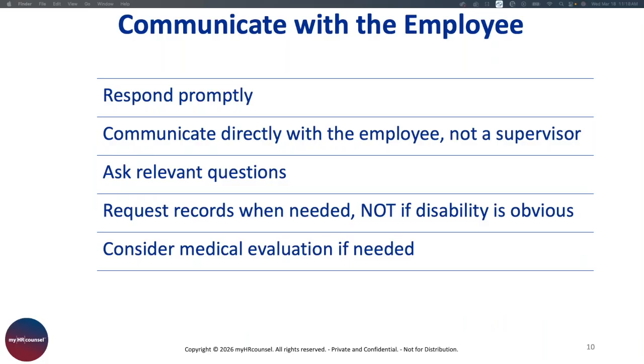Now, if somebody's need for accommodation is not obvious, in other words, it's not something that you can see directly, maybe consider asking for reasonable medical records about the individual's disability and functional limitations to, in fact, verify that they do have a covered disability that needs a reasonable accommodation.